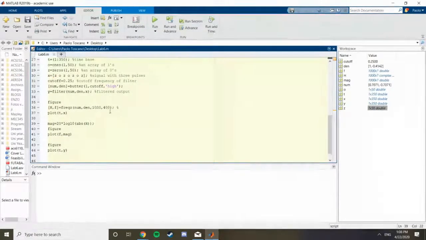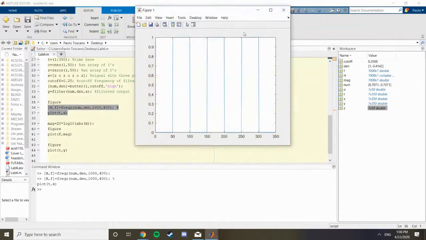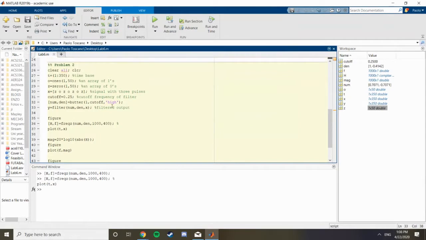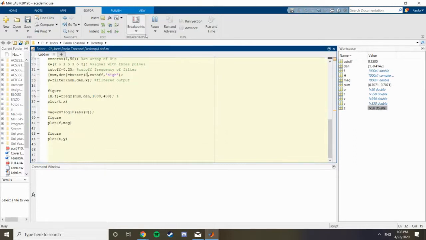Look at the butter call with the cutoff for high pass, in the script I gave you. This 1 is the order of the filter. If you change it to 8, it's going to give you a sharper transition. Just change it to 8 to see what it gives.